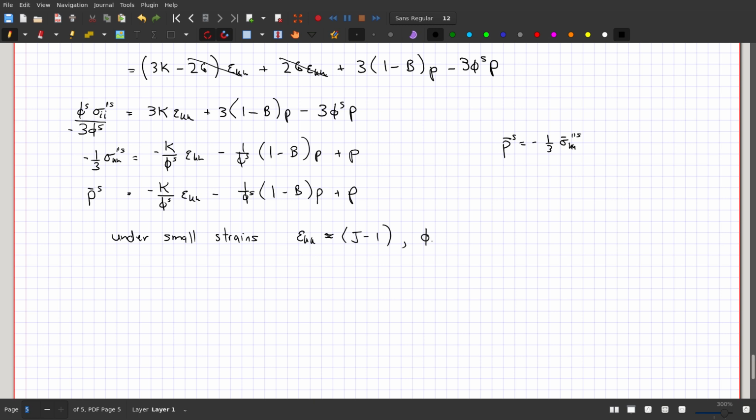We know that the current volume fraction is approximately equal to the reference volume fraction. And we also know that the current specific volume is approximately equal to the reference specific volume under small deformations. So let's plug in these first two things into that equation.